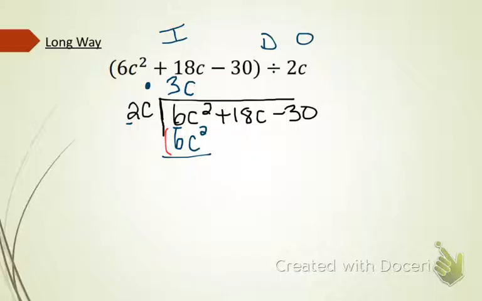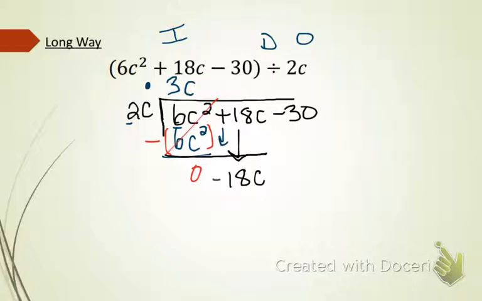Next step, subtract them. 6c squared minus 6c squared, gone. They cancel because that's just 0. Okay. Next, I'm going to bring down the next term, the 18c. Okay, so 2 times what can give us 18? A 9.